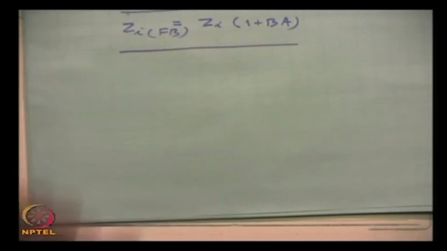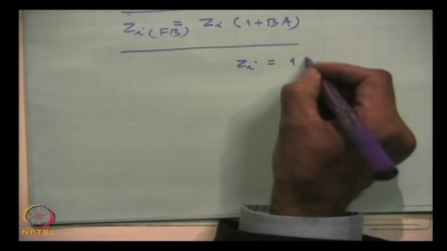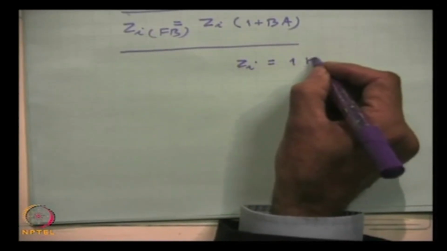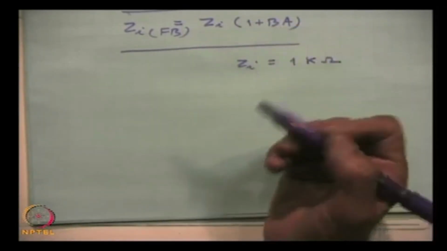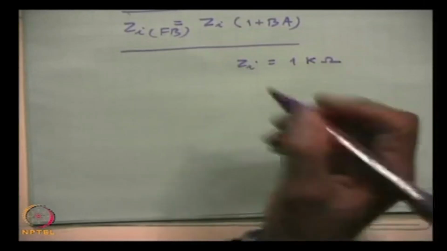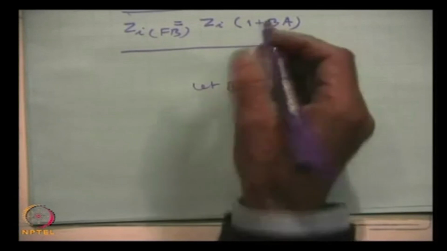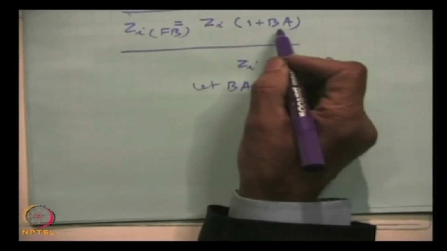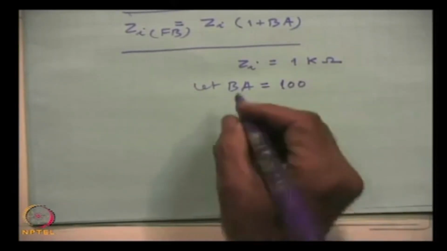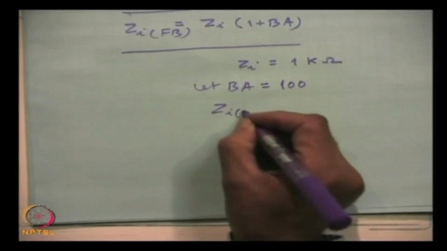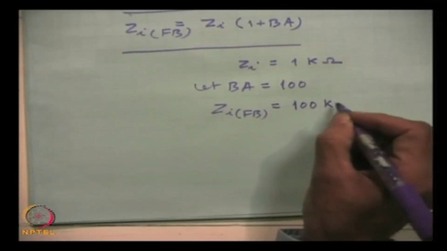So, it has increased. If ZI is 1 kilo ohm, and if this factor is for example 100, say let B A be 100, because one can always be neglected in comparison to A B normally, then the impedance with feedback, negative feedback, will become 100 kilo ohms.